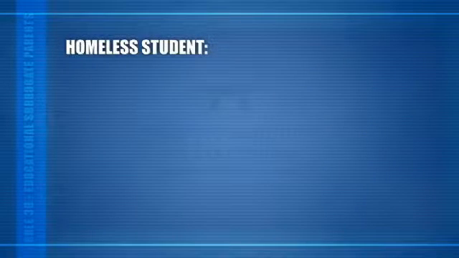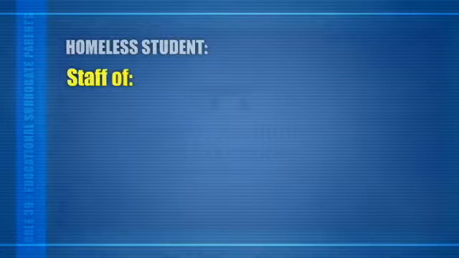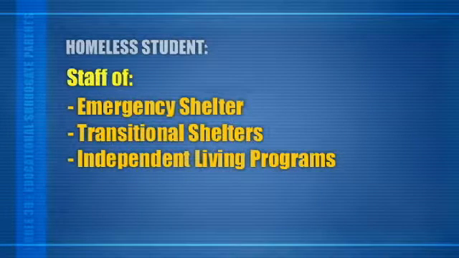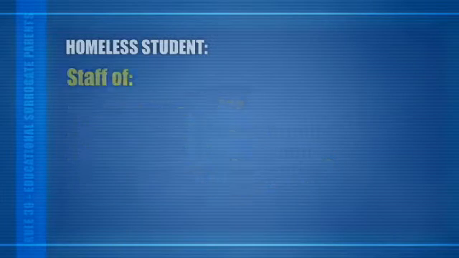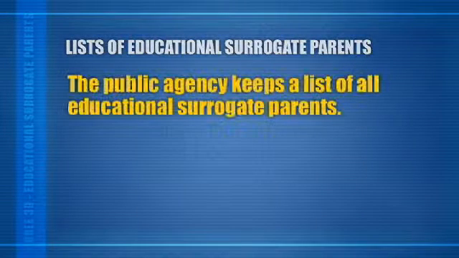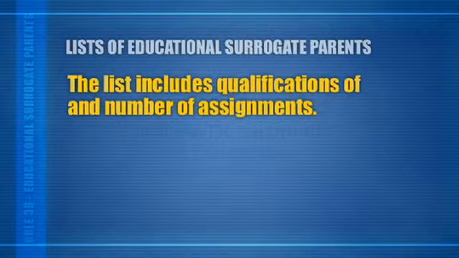In the case of a homeless student who is not in the physical custody of a parent or guardian, appropriate staff of emergency shelters, transitional shelters, independent living programs, and street outreach programs may be appointed temporarily as the educational surrogate parent until an appropriate non-temporary educational surrogate parent can be appointed. The public agency keeps a list of educational surrogate parents from which it makes its assignments. The list includes the qualifications of and number of assignments for each educational surrogate parent.